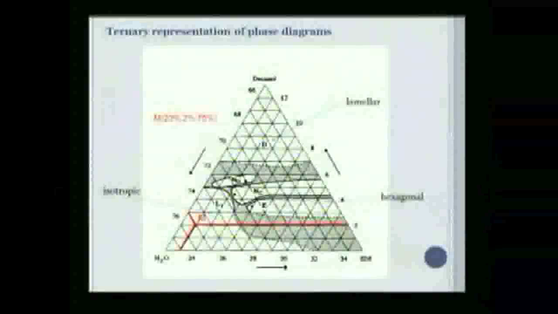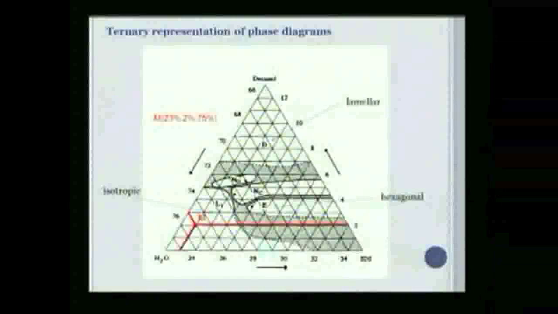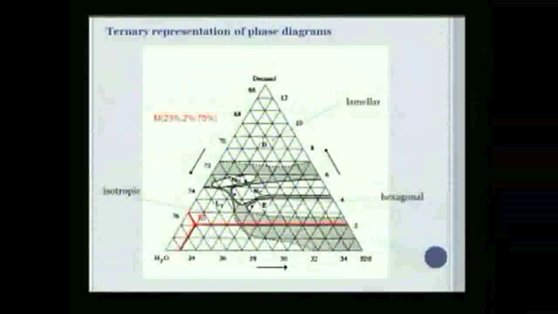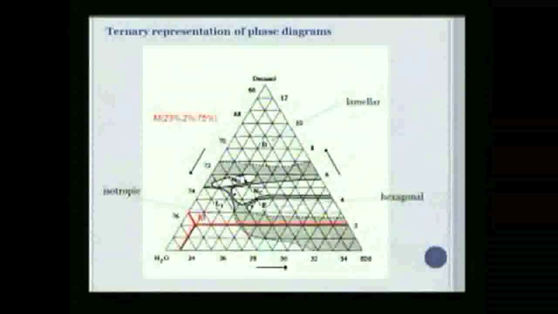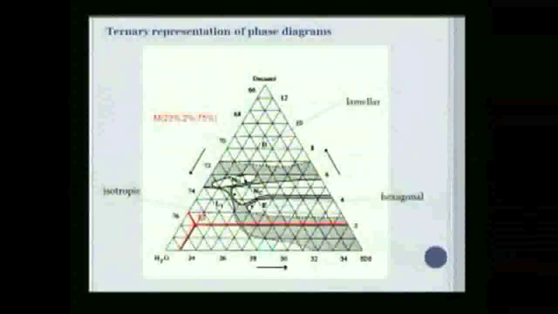And all these works were done typically between the 80s and the 90s. It was widely done in many labs. There was a lot of work around surfactants. And now, of course, it's no longer the time to make huge phase diagrams like this one, but it's very useful to know this phase diagram because now in labs, people are using phase diagrams, using the particular organization of surfactants, to make materials.